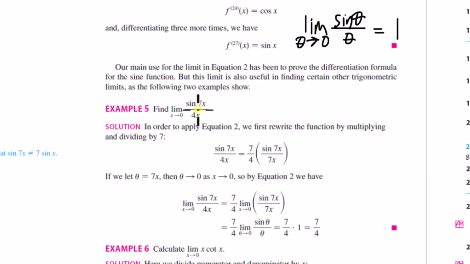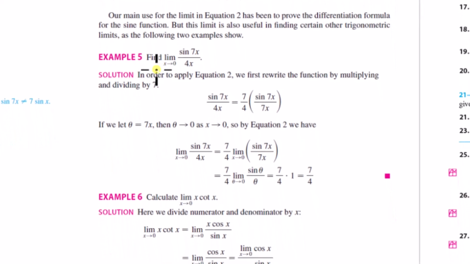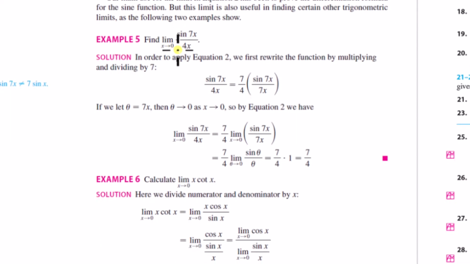So what is the limit as x approaches 0 of sine of 7x over 4x? Well, what they do is manipulate this function to get to where it's sine of 7x over 7x, which we can do by taking out a 7/4.